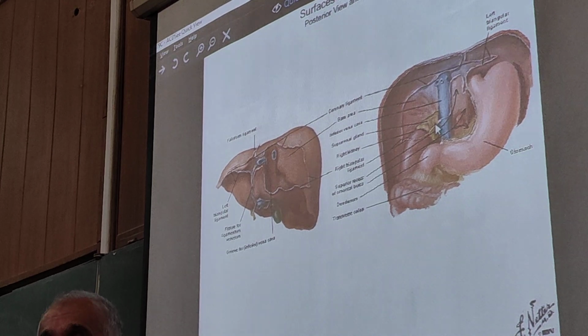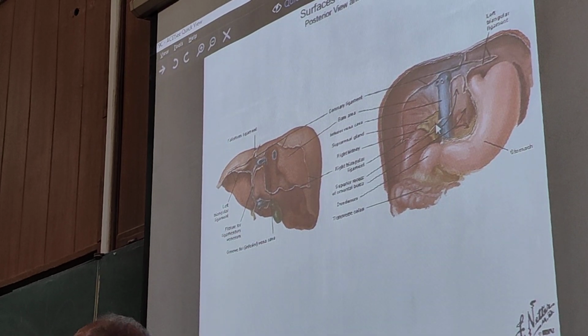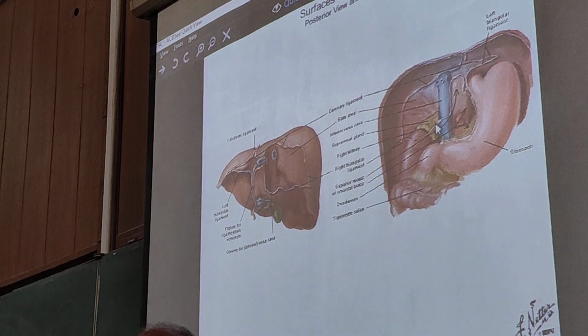Let me review what I said to you. Because of the firm attachment of the liver to the diaphragm, the peritoneum covers the anterior surface and visceral part, then when it reaches the posterior surface, because of this attachment, it should be reflected. Yes? When we follow this reflection, the superior one and inferior one have different fates.